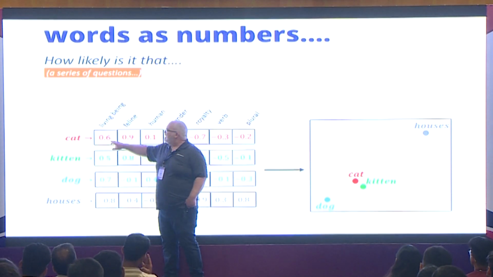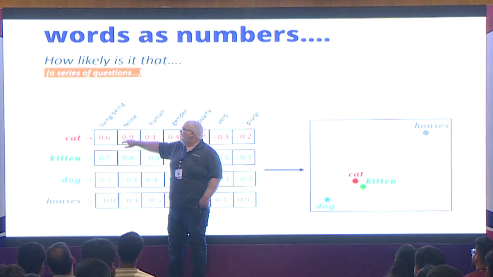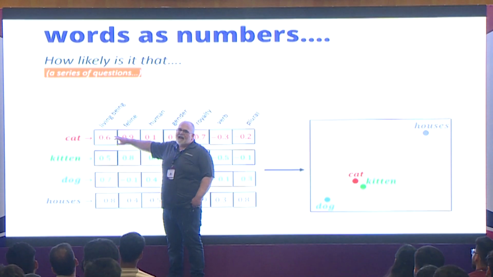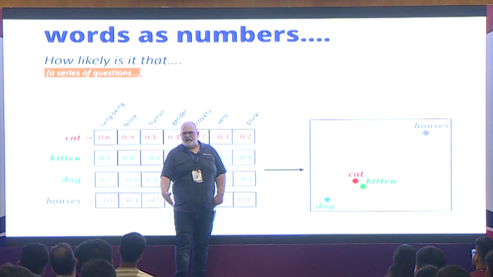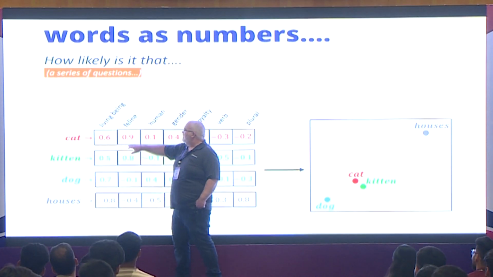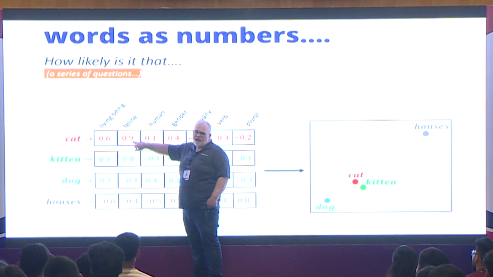Take a cat. Is a cat a living being, yes or no? Is it more likely to be dead or alive? Alive, providing it's not dead on the road. Is it feline, meaning is it species cat? Yes, 0.9, very high.